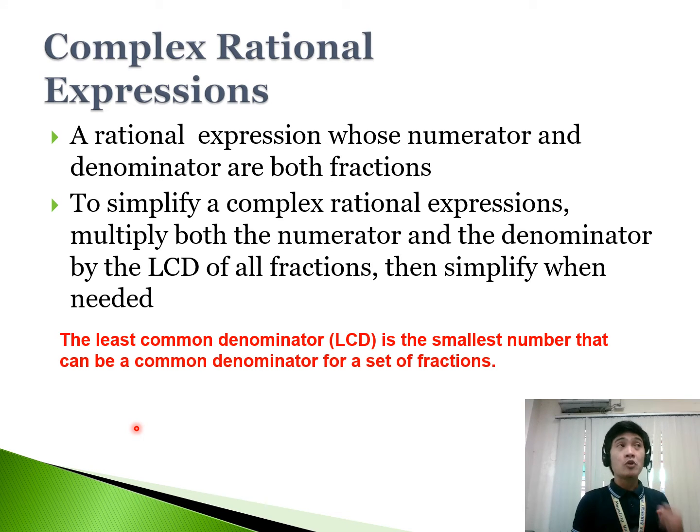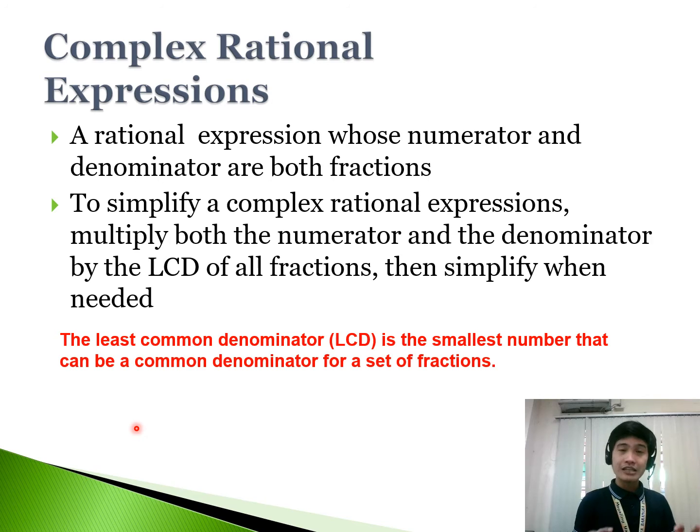Dalawa kasi yan eh. Una, kapag parehas, sabihin natin dalawang number. Kapag parehas silang prime, just simply multiply these two numbers, then that will be the LCD. For example, 2 and 3. So their LCD is 6. Okay? While, for example, 6 and 9. So, hindi sila prime, okay?